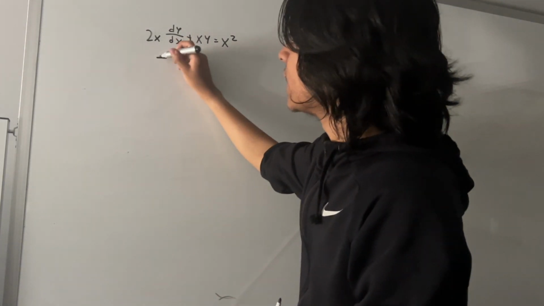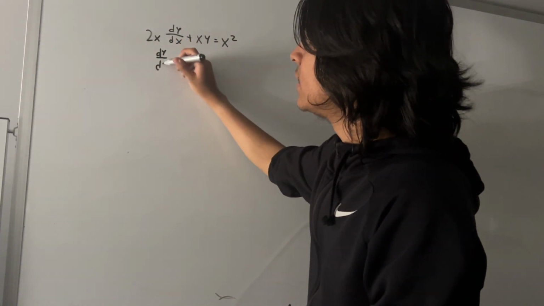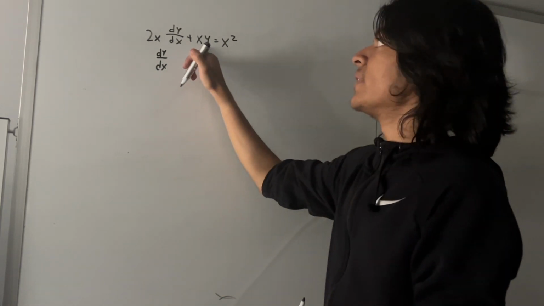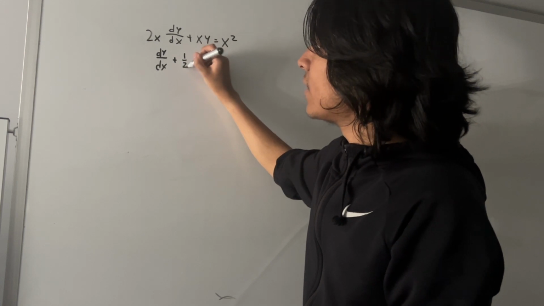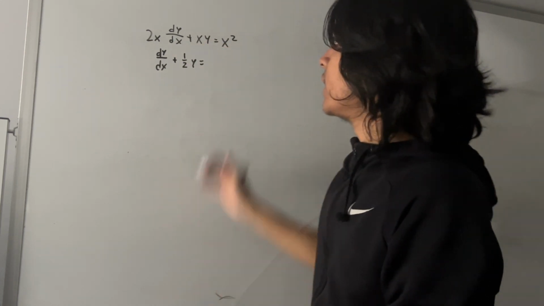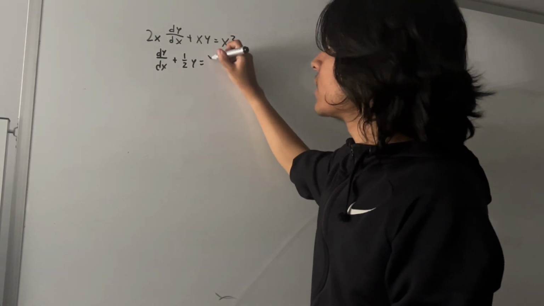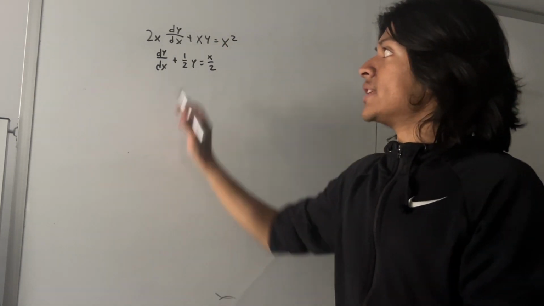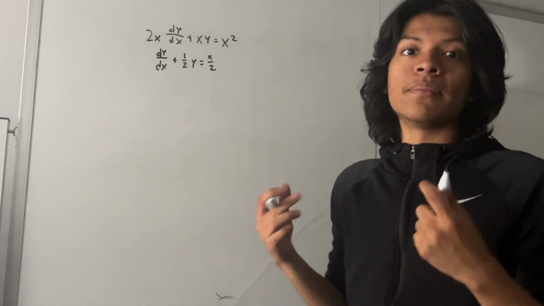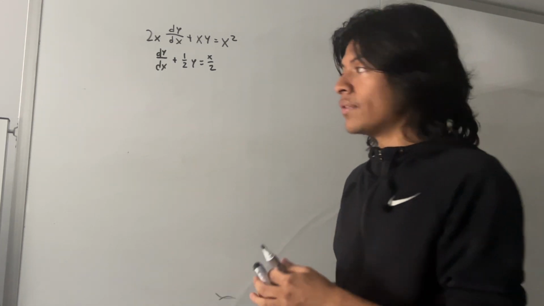When we do that, we get dy dx. When we divide this y by 2x, we get left with 1/2 y, and then on the right side, we just get left with x over 2. And at this point, we're going to be multiplying it by some function u of x.